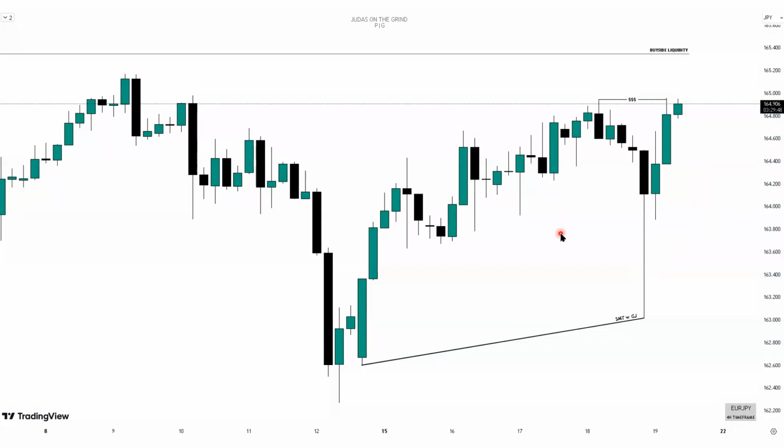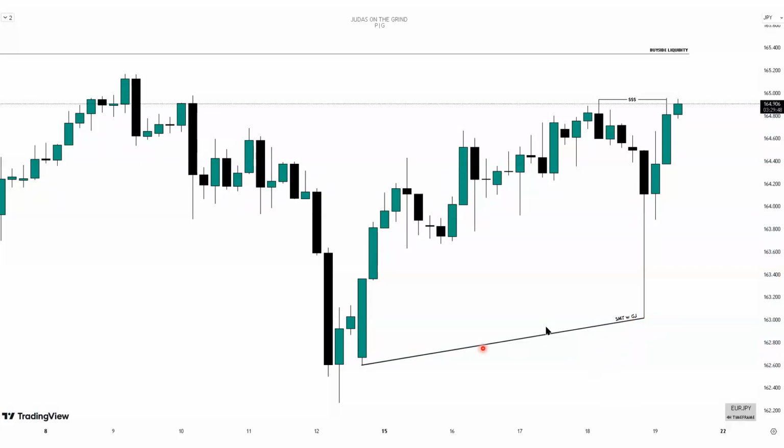On the 4 hour, you can see what we have. We have an SMT with GBPJPY right here. As I go to GBPJPY annotations, you'll understand. With this low and this low, there's an SMT, a cracking correlation between the two closely correlated markets, right? Between EJ and GJ.